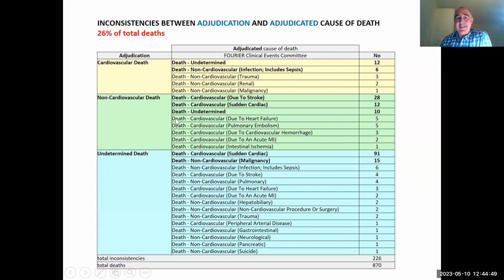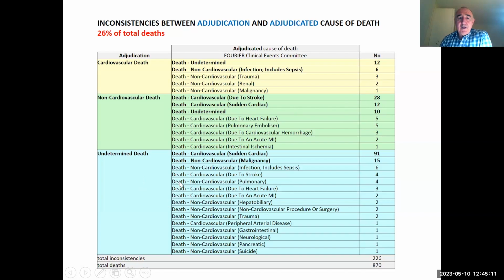Or in cases, as you can see here in green, non-cardiovascular deaths were said to be at the same time cardiovascular due to stroke, 28 cases, sudden cardiac deaths in 12 cases, undetermined 10 cases.